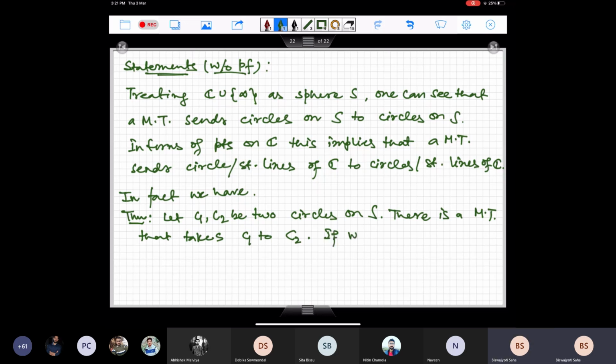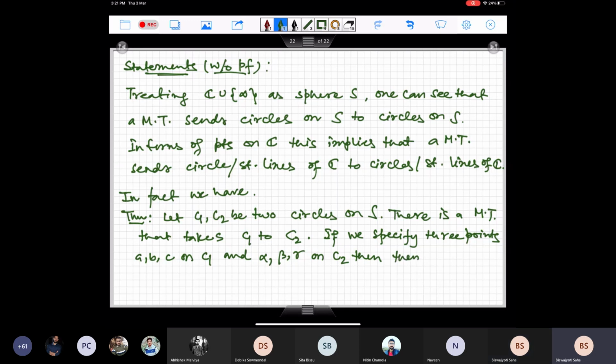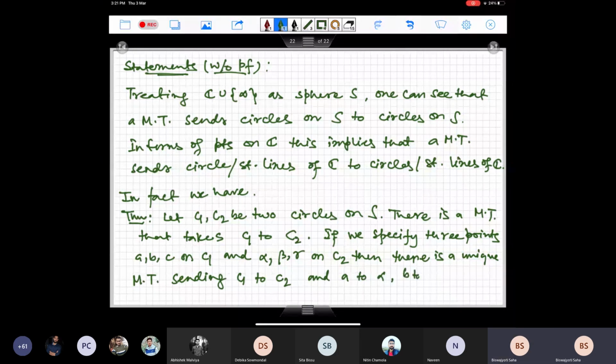If we specify three points, let's say A, B, C on C1 and alpha, beta, gamma on C2, then there is a unique Mobius transformation sending C1 to C2 and A to alpha, B to beta, C to gamma.